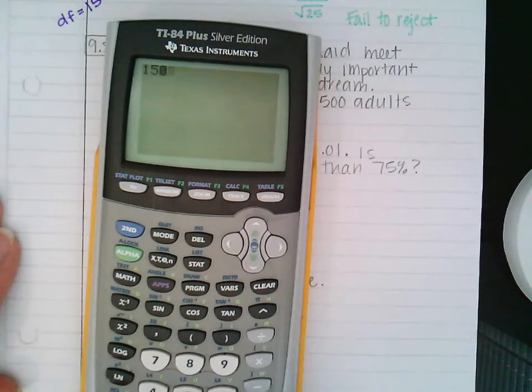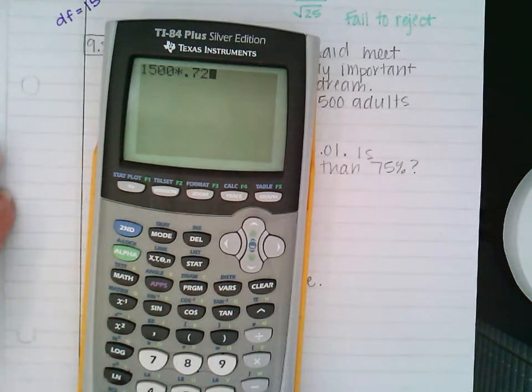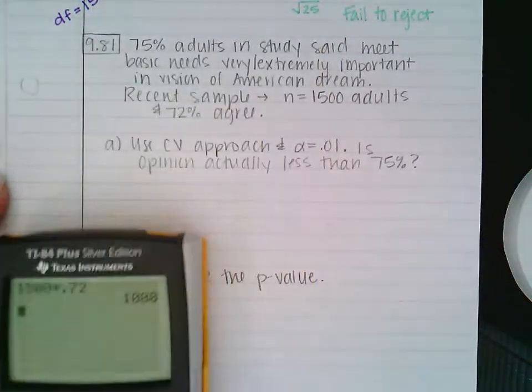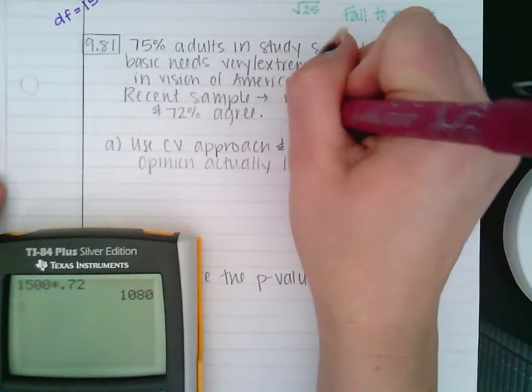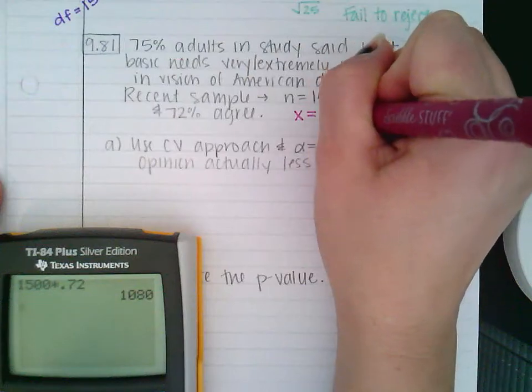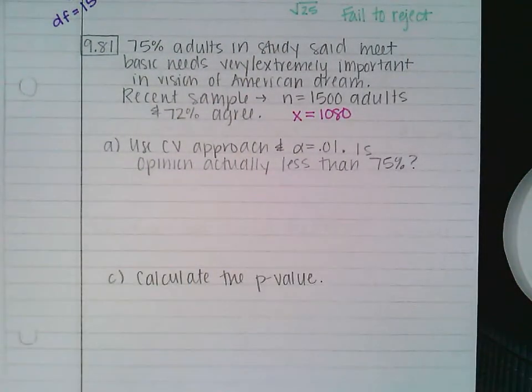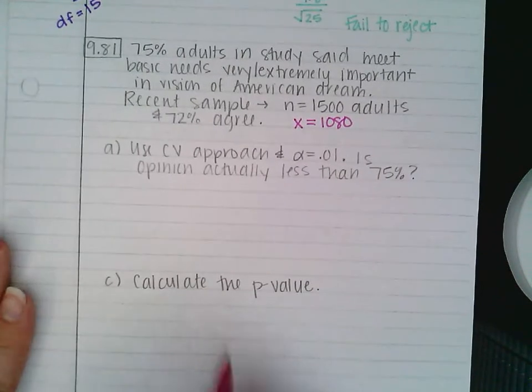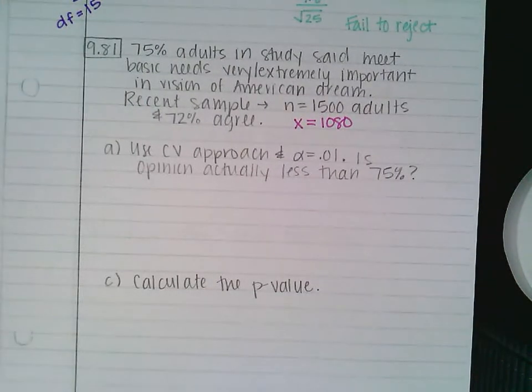So the first thing that I need to know is how many people is that. Okay, that's 1080. So X is 1080. Using the critical value approach and an alpha of 0.01, is opinion actually less than 75%?